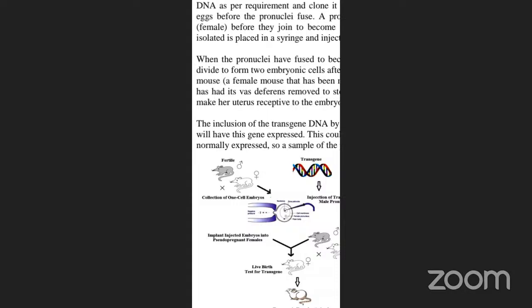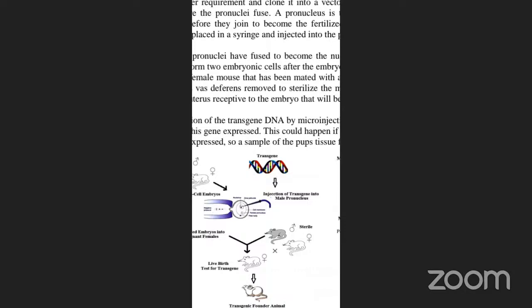Now you have the embryo. In the embryo, initially there is the pronucleus, either male or female. We can introduce this transgene. Transgene is nothing but the foreign gene. That gene can be introduced either in the male or in the female.